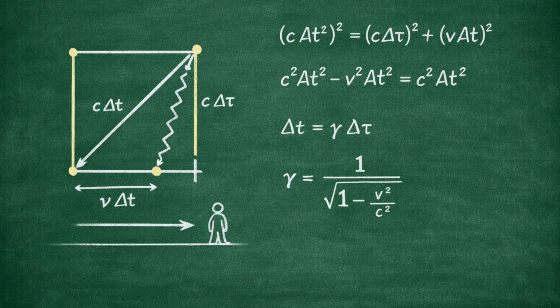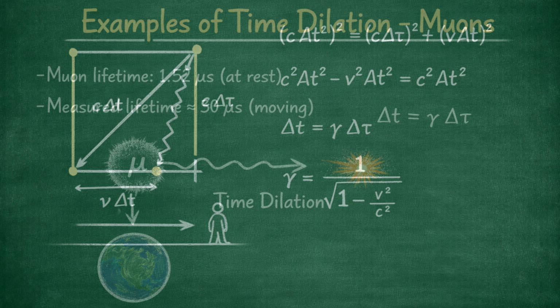Solving gives delta t equals delta tau over the square root of 1 minus v squared over c squared, equals gamma times delta tau, where delta tau is the proper time between ticks, time measured in the clock's rest frame, and delta t is the dilated time seen by the stationary observer. Thus, moving clocks run slow by factor gamma, the Lorentz factor.